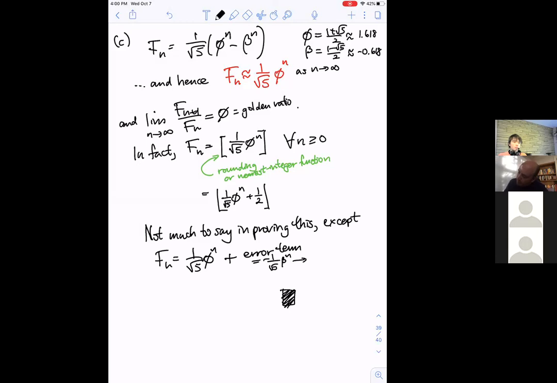And this approaches 0 as n goes to infinity. And you just check how quickly it goes to 0, and therefore these two formulas are correct.